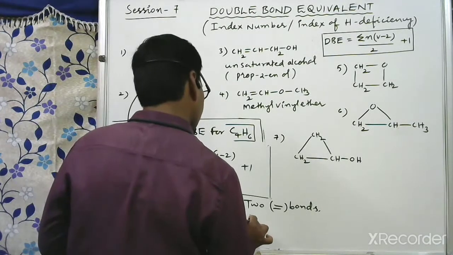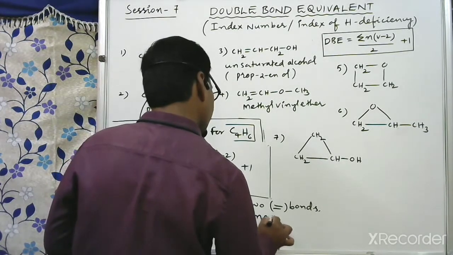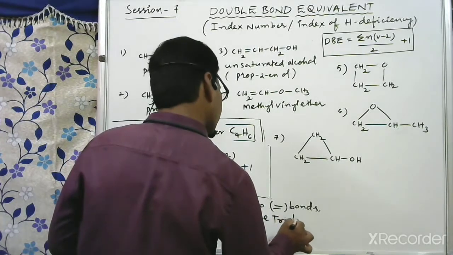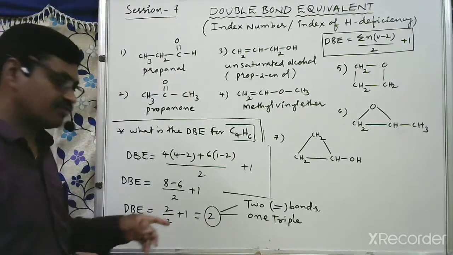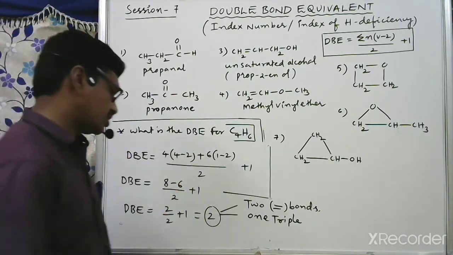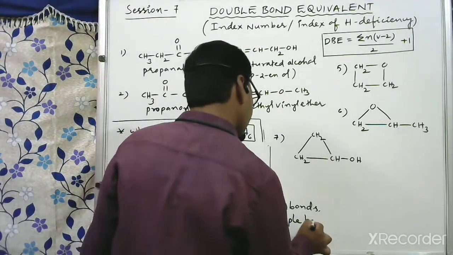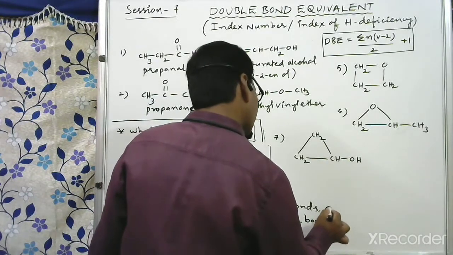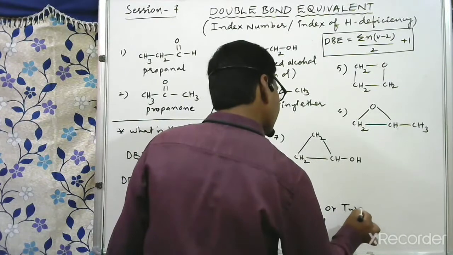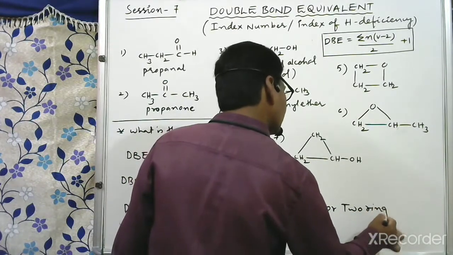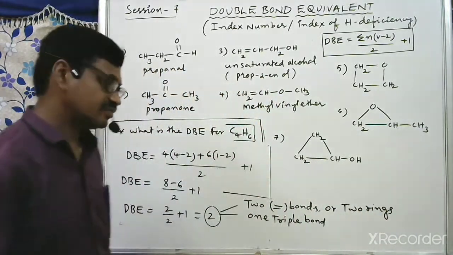Maybe one triple bond; one triple bond also we can try, putting one triple bond in the given molecular formula C4H6. Or here we can write two double bonds. Two rings also we can write, but I think two rings are not possible because only four carbons are present.